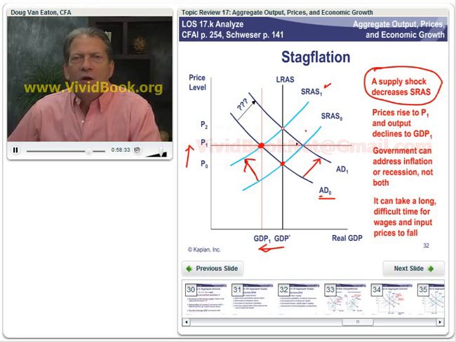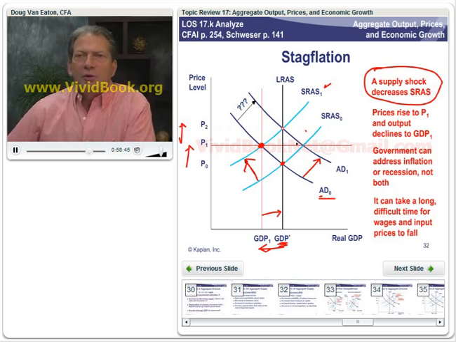Well, that can get us back to long-run aggregate supply, back to full employment GDP, but it increases the price level again. So let's look at our notes on the right-hand side. Price level will rise to P1, output declines to GDP1.